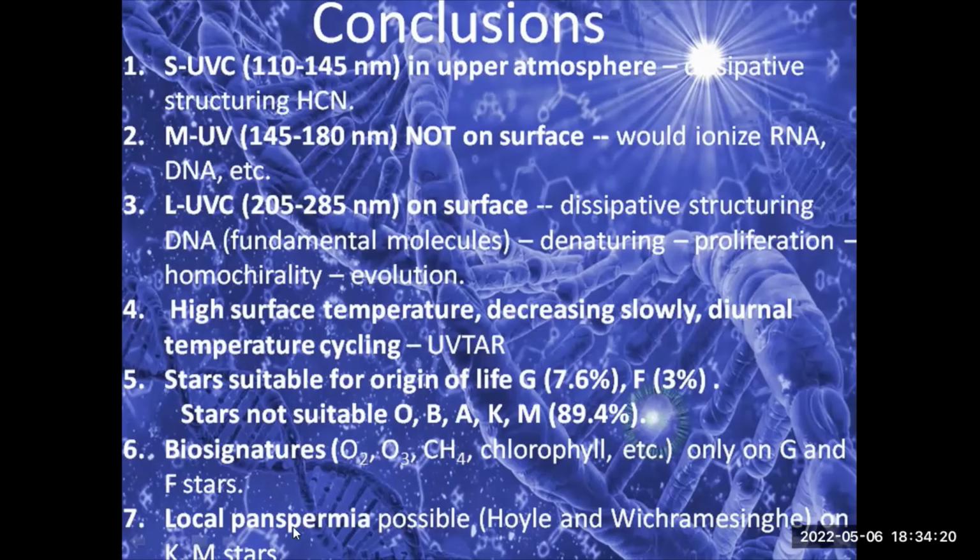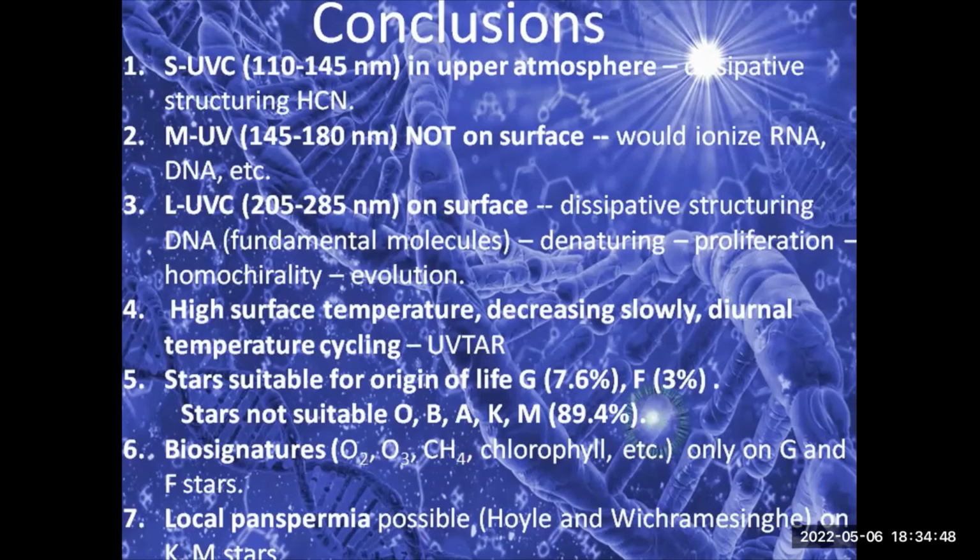That could give rise to life on these K and M-type stars, if life was formed on G and F-type stars and later transported, for example, by the impact of a meteorite, like the meteorites we found on Earth from impacts on Mars.